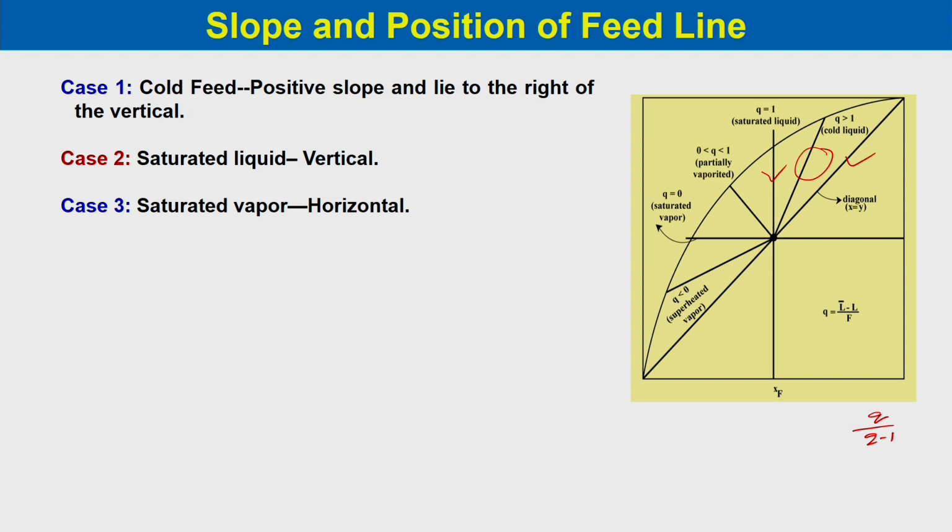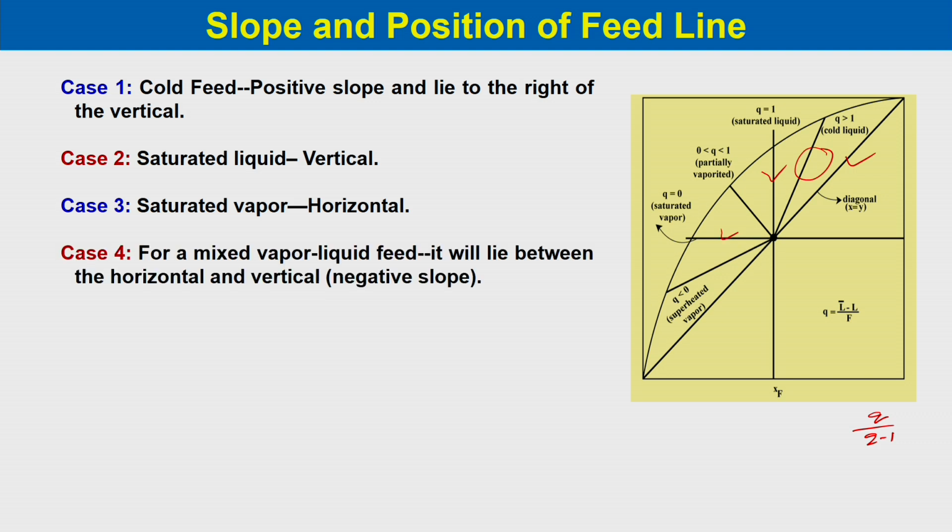Case 3 is the saturated vapor, and for saturated vapor q is 0, that means the complete feed is vapor feed. So, in that case when q is 0, the slope is 0 and it is a horizontal line.